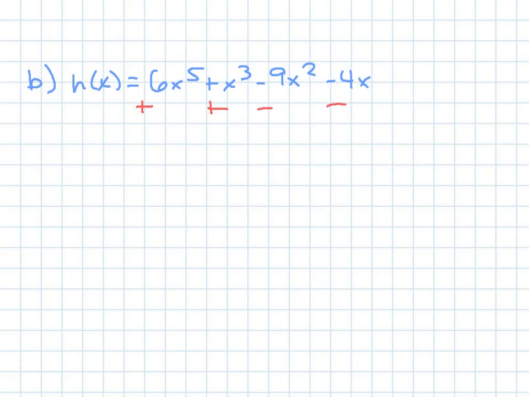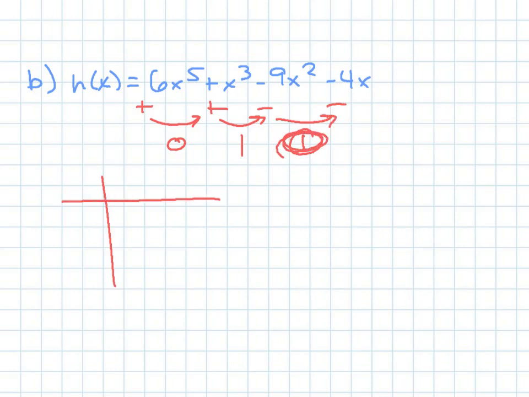When I look at the changes of signs, it goes from positive to positive, so there's 0. Then it goes positive to negative, so there's 1. And then negative to negative, so I've only got one possibility for my positives. So let's make our table. So there's 1. Now let's do the negative.